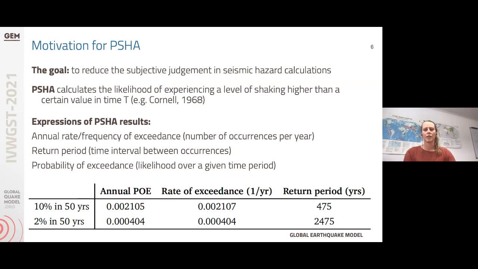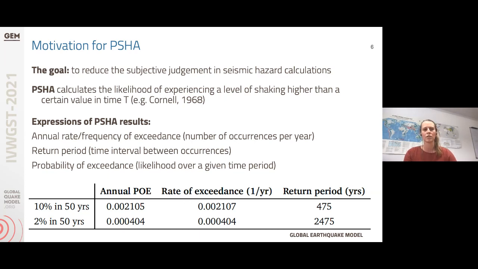So the concept of PSHA arose from the need to reduce the subjective judgment applied by experts when they're performing seismic hazard calculations, while still recognizing the aleatory or random nature in the earthquake processes.